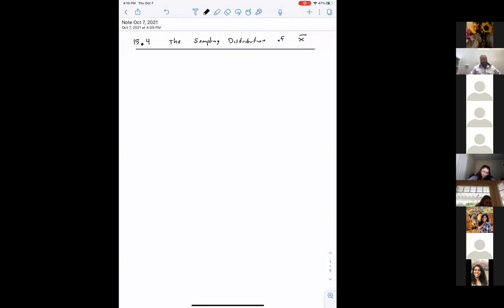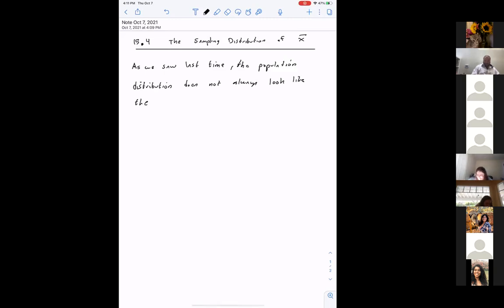As we saw last time, the population distribution does not always look like the sampling distributions.